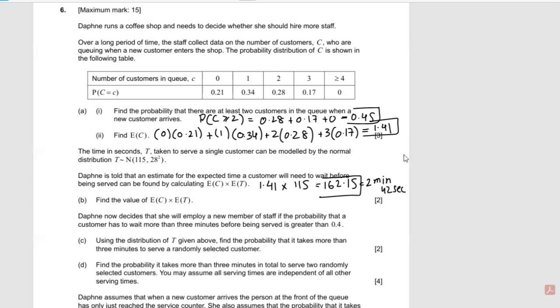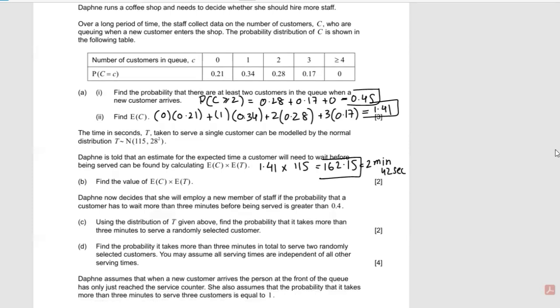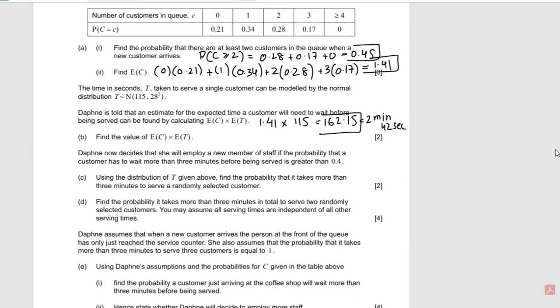Okay, next part. Daphne now decides that she will employ a new member of staff if the probability that a customer has to wait more than 3 minutes before being served is greater than 0.4. More than 3 minutes.